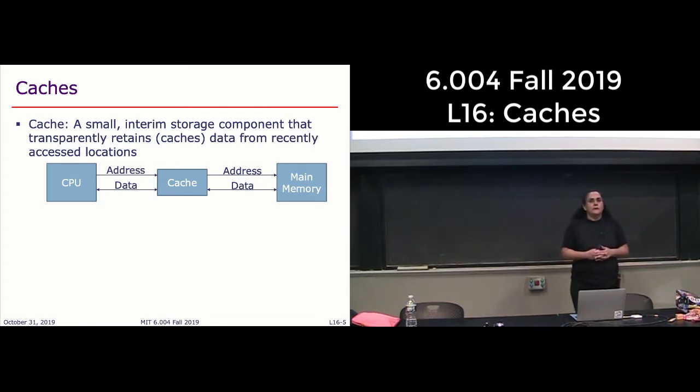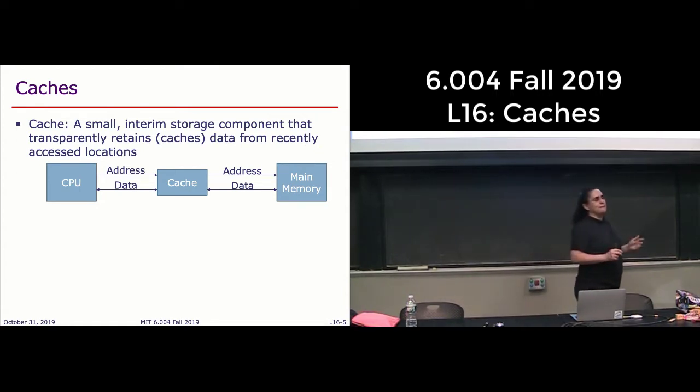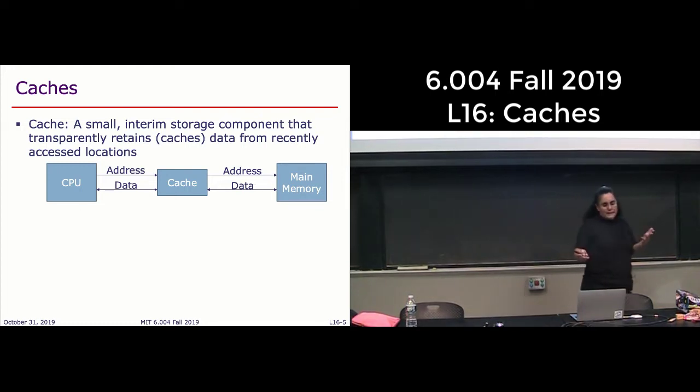So what we're going to do is we're basically going to have a cache that's going to sit between our CPU and our main memory. And you might actually have multiple levels of caches if we deem that appropriate for whatever processor it is that we're building. But for simplicity, let's just assume we have one cache and then a main memory.